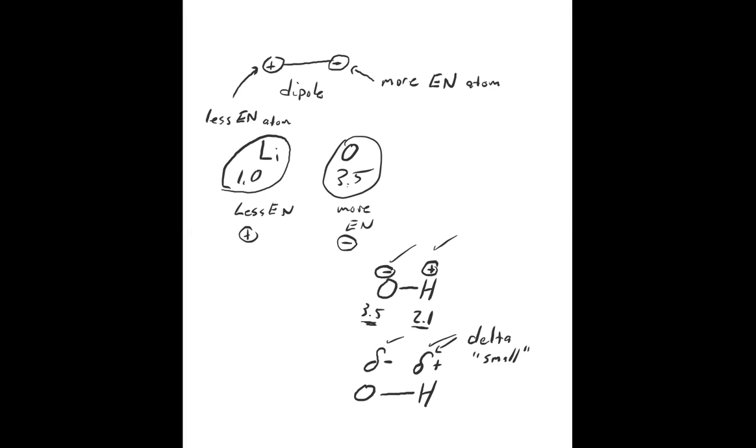Okay. Let me see if I can bring up an Alex problem. Okay. So this is predicting bond polarity. And so we're going to be given a Lewis structure. This example is the Lewis structure for carbon dioxide.